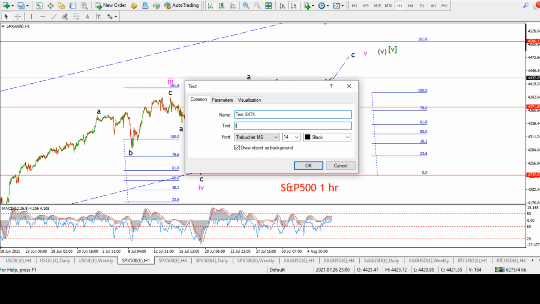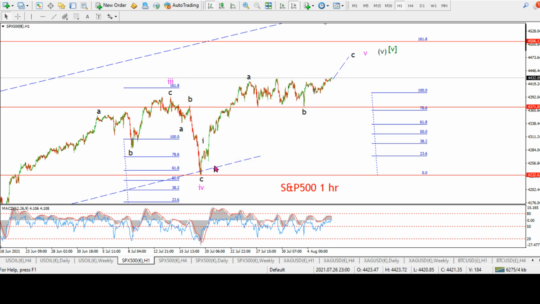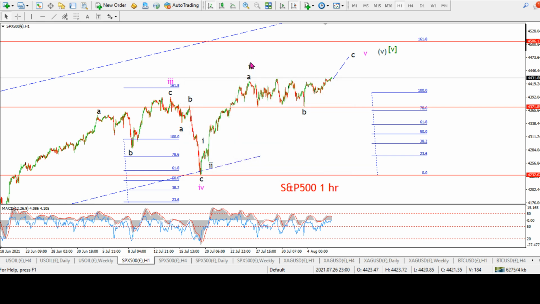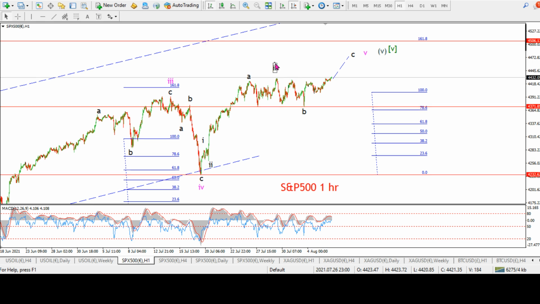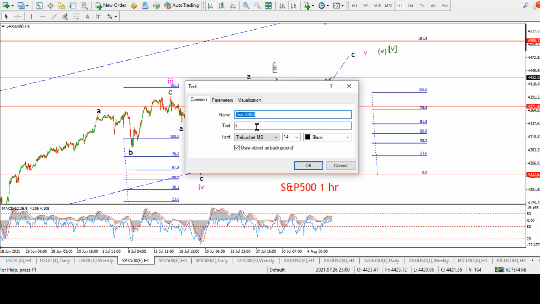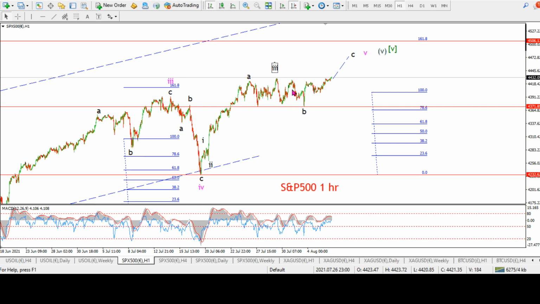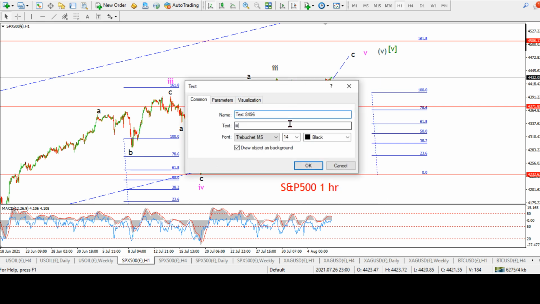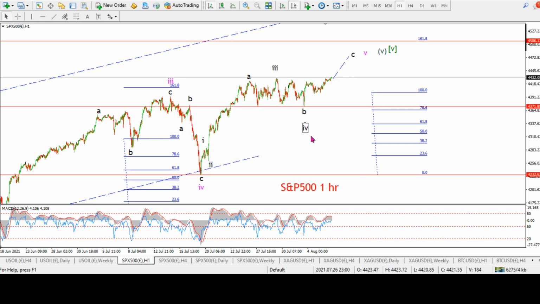We've got wave 1. It's hard to know where wave 3 would actually come in, because we've got an extended correction in the market there. Let's just get the labels in, and then we'll talk about where wave 5 would be.